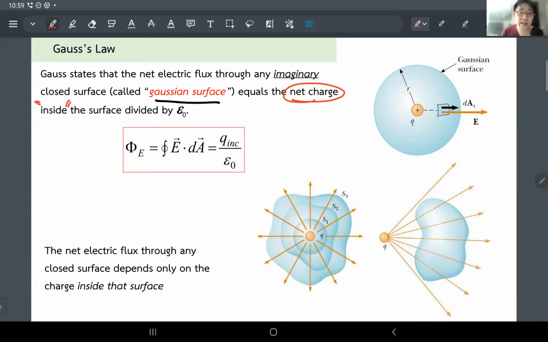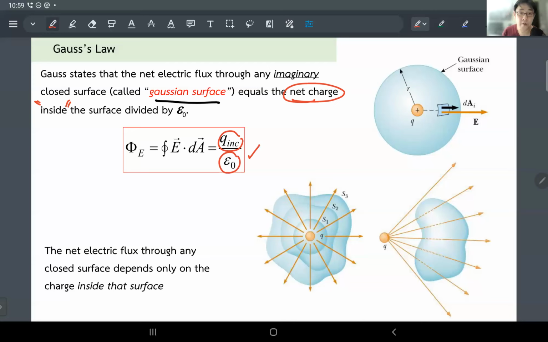Because we didn't introduce any constants before, we are going to introduce constants now to make everything work under the SI system. So it's going to be that charge inside divided by epsilon naught. And that's it, guys.